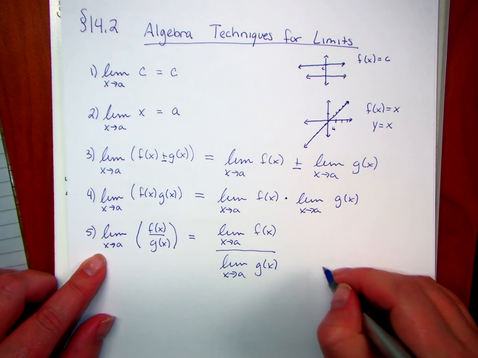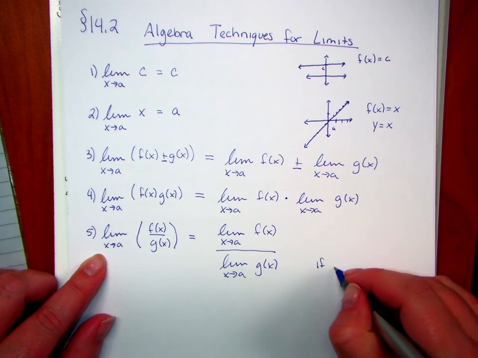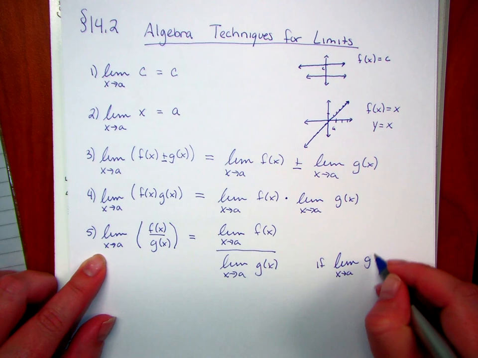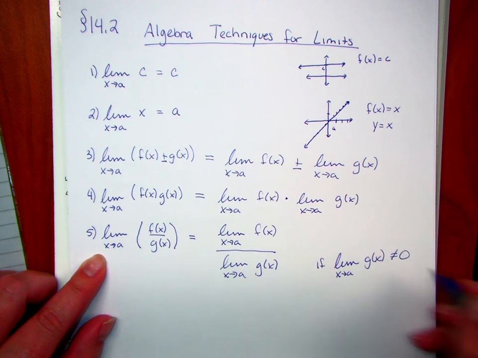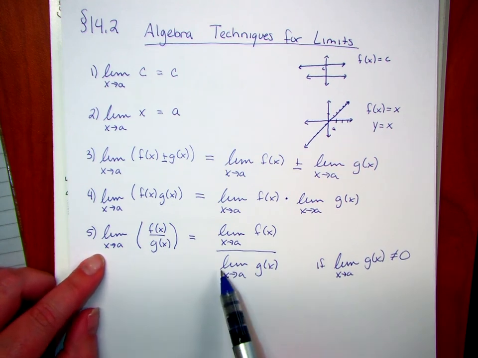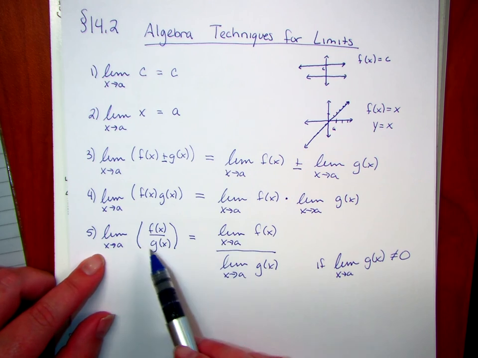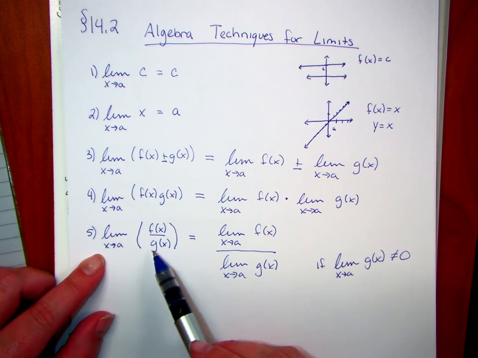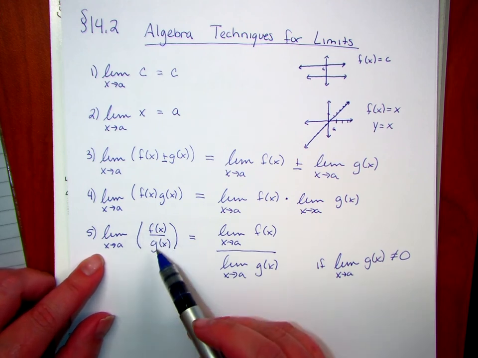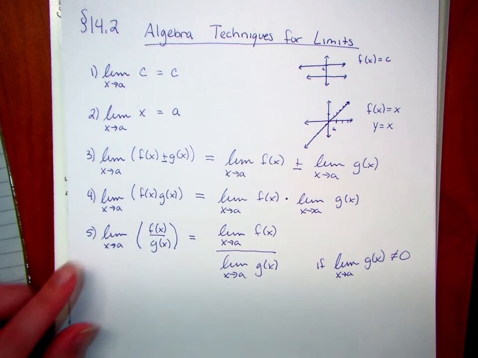So this is only if the limit as x approaches a of g of x does not equal 0, right? And a lot of times, the limit of the denominator is going to be 0. So I want you to know we're not going to split it up in those cases. We're not going to automatically assume that this limit does not exist. There are other ways of evaluating limits when the bottom piece goes to 0, right?